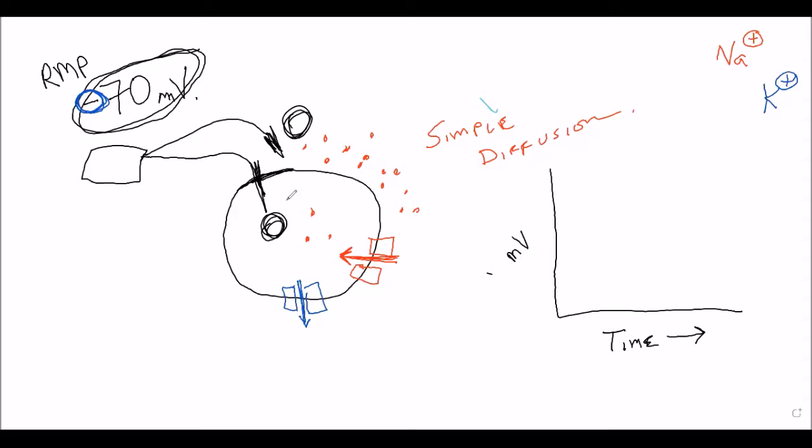The other contribution to why this is more negative is that we have other things in here that have a negative charge, namely proteins. We have a ton of proteins in here with a negative charge. Because of that, that's also going to contribute to why inside this cell is more negative.